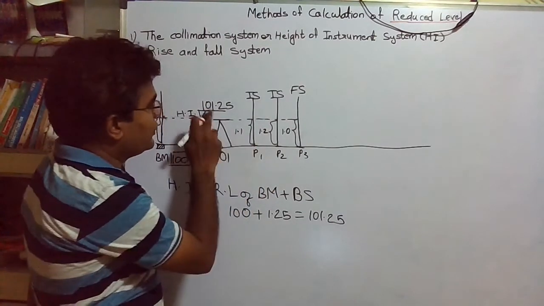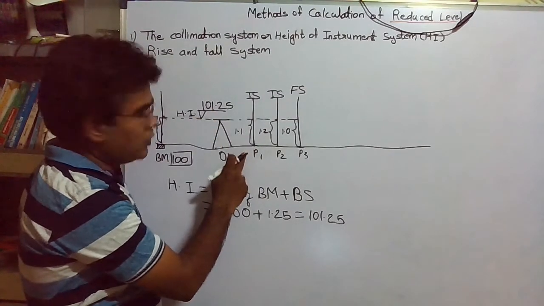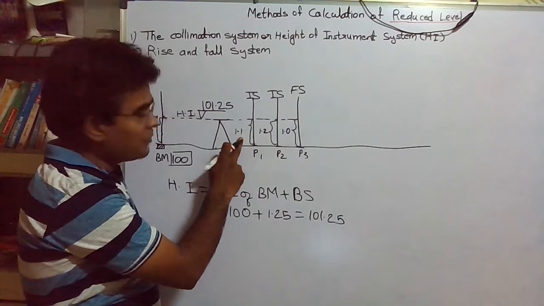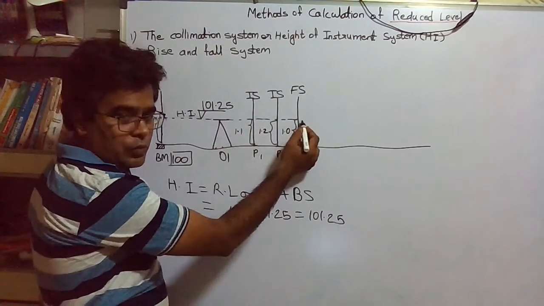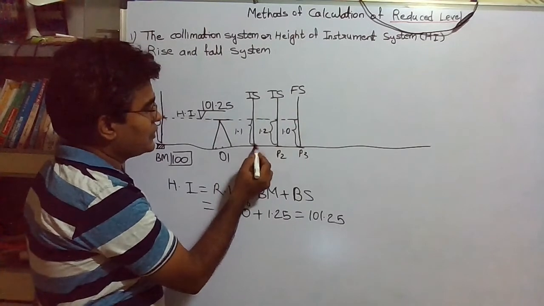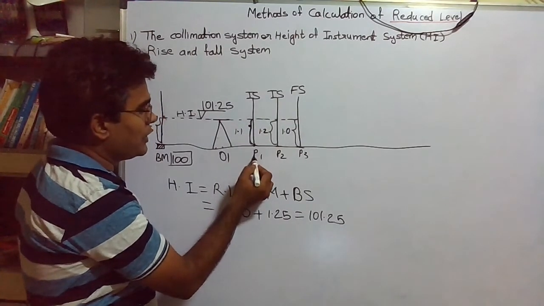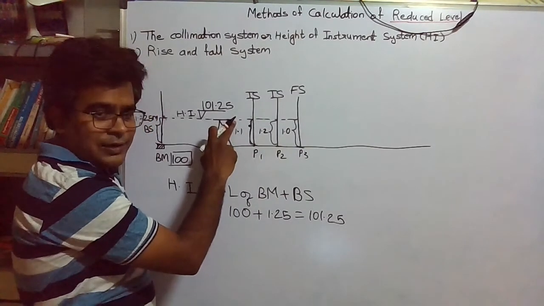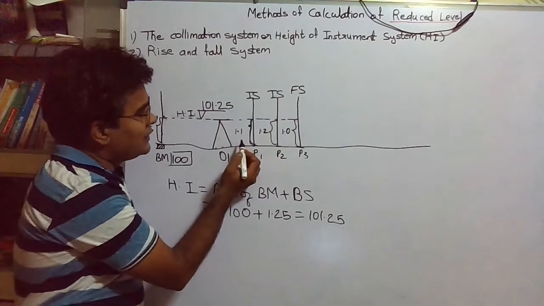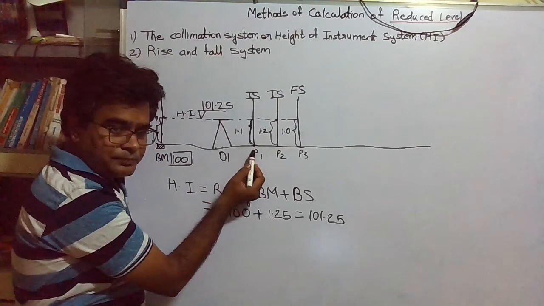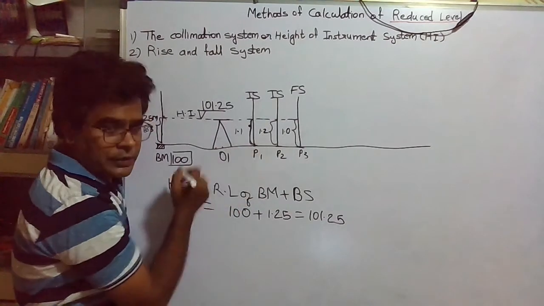This is 101.25 minus 1.1, the intermediate sight reading. This is the RL of our line of collimation, and this is the distance of point P1 from the height of instrument. So by subtracting this intermediate sight reading from the height of instrument, we will get the RL of this point.